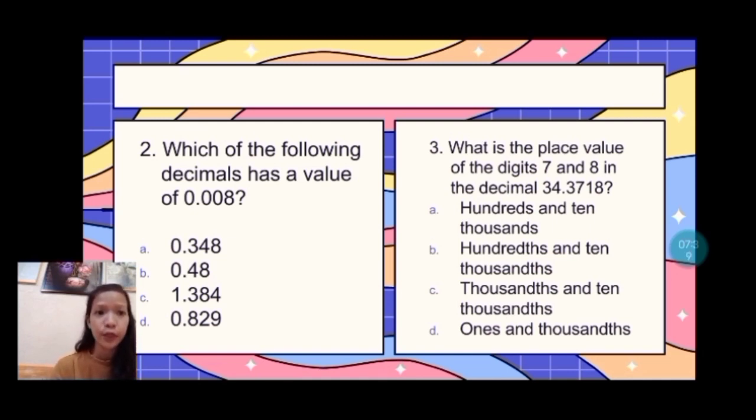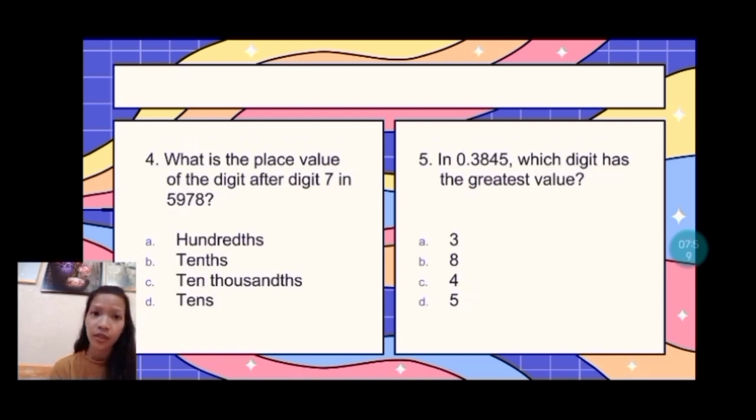Number 3. What is the place value of the digits 7 and 8 in the decimal 34.3718? A. Hundreds and ten thousands, B. Hundreds and ten thousands, C. Thousands and ten thousands, D. Ones and thousands. 4. What is the place value of the digit after digit 7 in 5,978?